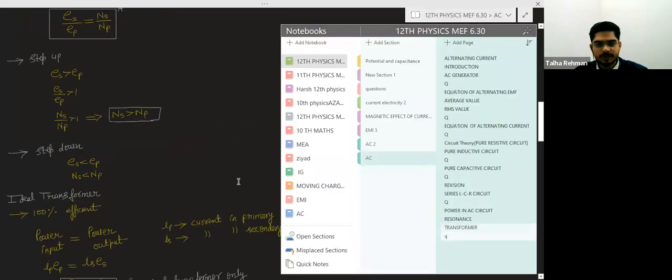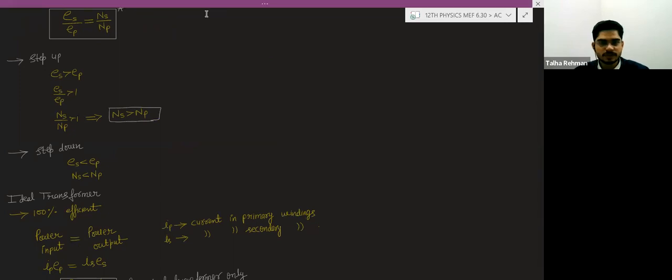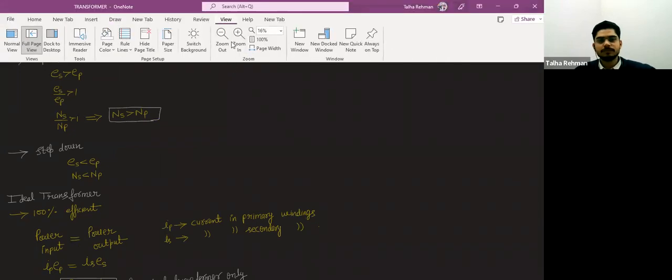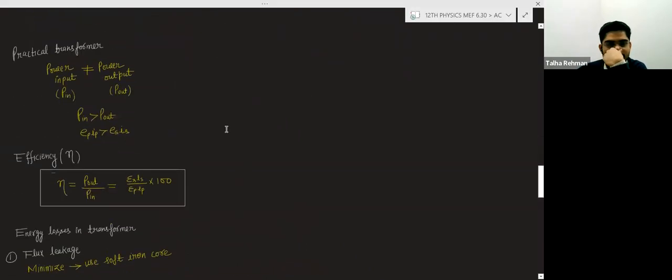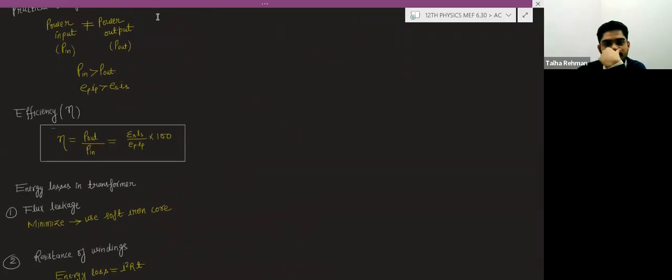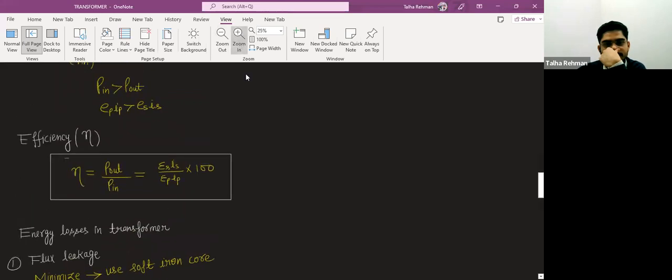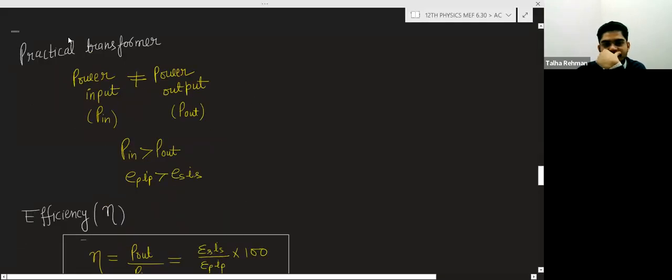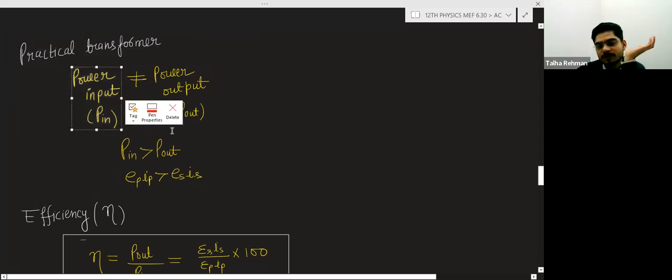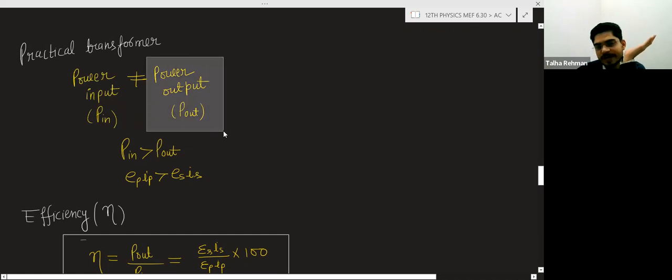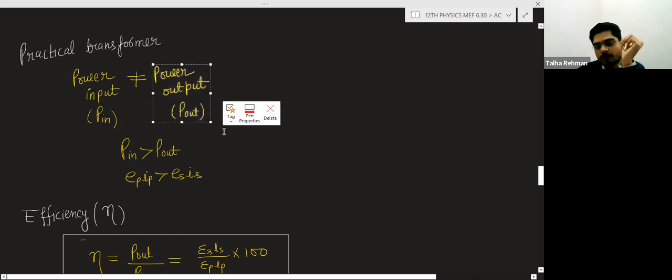After this, we will discuss the energy losses in a transformer. Okay, so before the energy losses, there is one more thing that I want to add. Basically, in a practical transformer, the input power you are supplying is not equal to the output power you are actually getting.